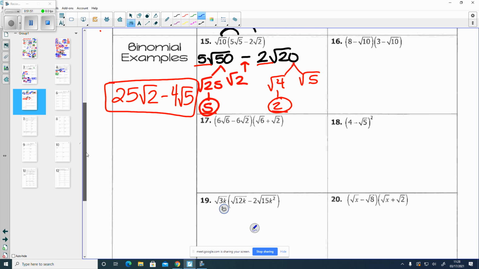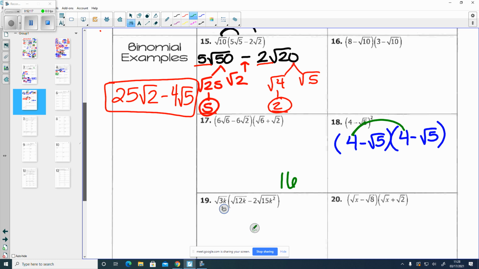So when it has this, it means there's 2 of them. Okay, that's what that squared means, right? And then it's kind of set up like these other ones now. And what you have to do here is FOIL. So you have to do 4 times 4. Right? So I'm going to get 16.